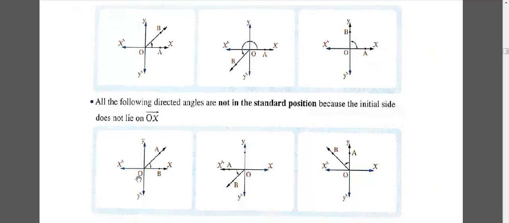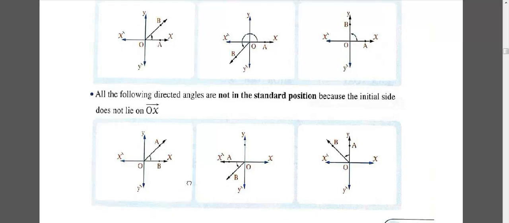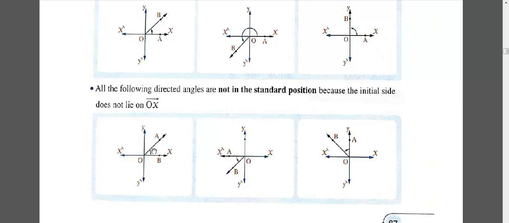Look at here, directed angle AOP. It's a directed angle, but it's not in the standard position because OA does not lie on OX. So we must draw the initial side on OX.